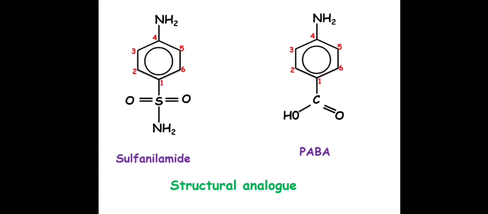So any of the compounds, if they want to produce their action, should be available in a higher amount than the other. Okay, means at the reaction site, if the concentration of sulfanilamide is more than PABA, then sulfanilamide will produce its action. But if the concentration of PABA is more than sulfanilamide, then PABA will produce the action and the action of sulfanilamide will be suppressed.